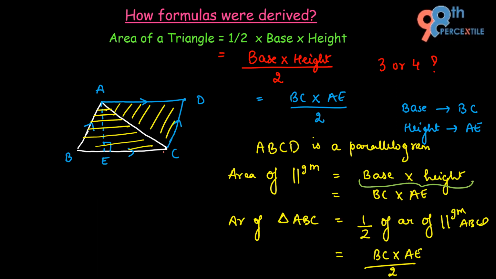If you do a little bit of construction, you will see that any triangle is a part of a parallelogram and divides it into two congruent triangles, or two equal halves. That is why the area of a triangle is half of the area of a parallelogram. And since the area of a parallelogram is base times height, the area of the triangle is half of that.